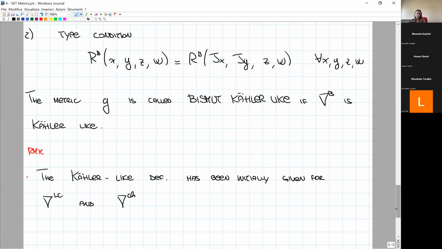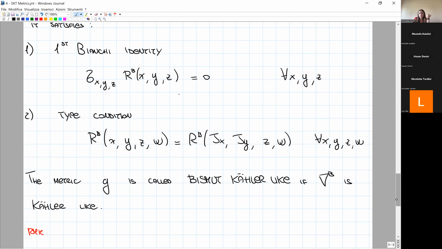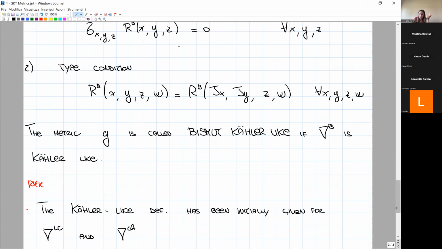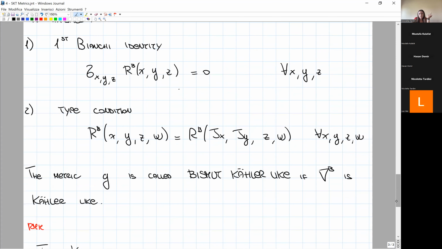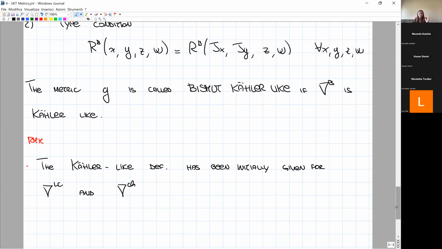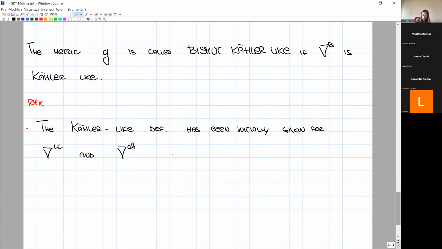Because for the Levi-Civita connection, the second condition in this definition is not satisfied in general, and in the Chern case, the first condition is not satisfied in general. So actually this Kähler-like definition was originally given for the Levi-Civita connection and the Chern connection, and it was done by Yang and Zhang.